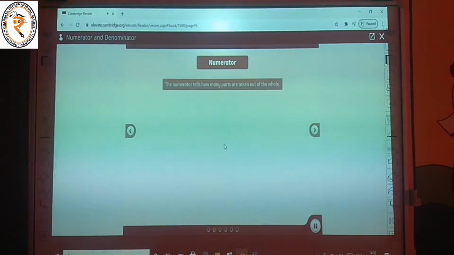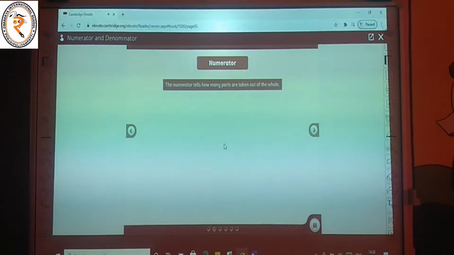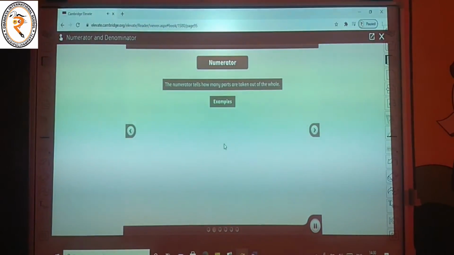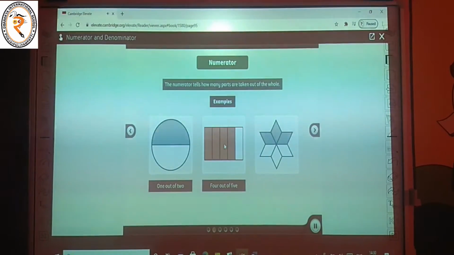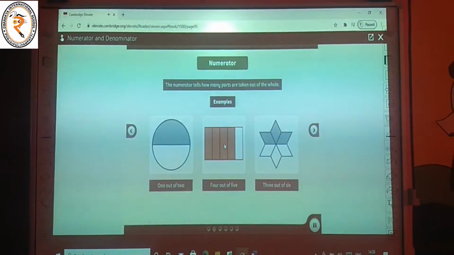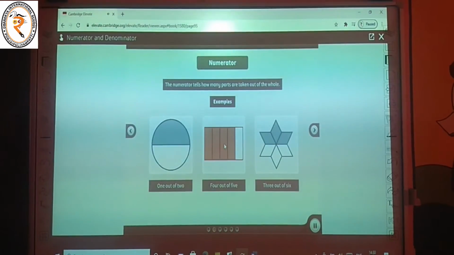The numerator tells how many parts are taken out of the whole. Consider these examples. Here, the shaded regions are the parts taken out. The first picture shows 1 is taken out of 2. The second picture shows 4 is taken out of 5. The third picture shows 3 is taken out of 6.